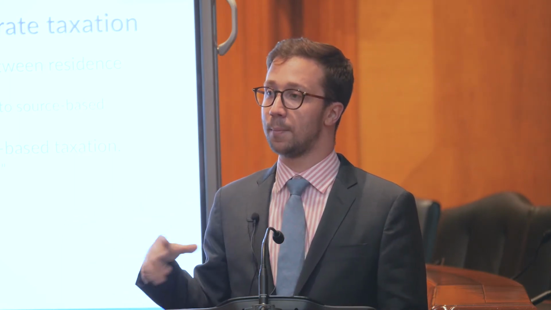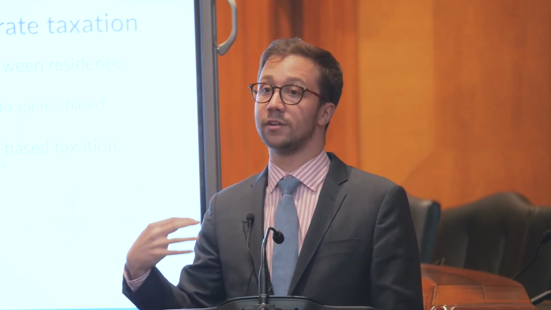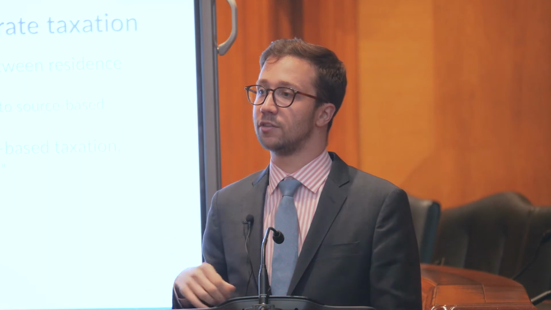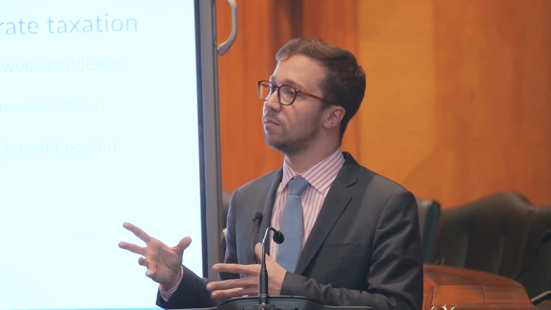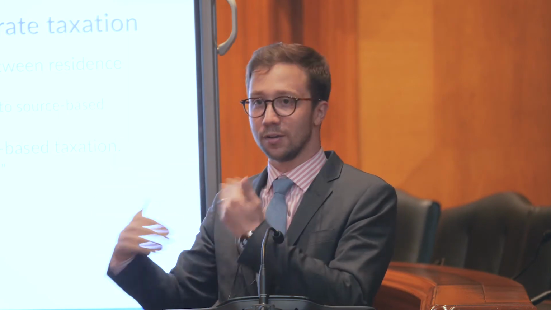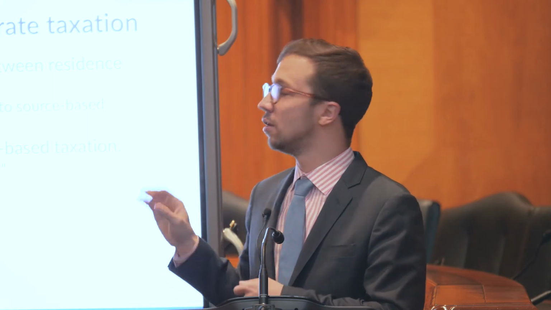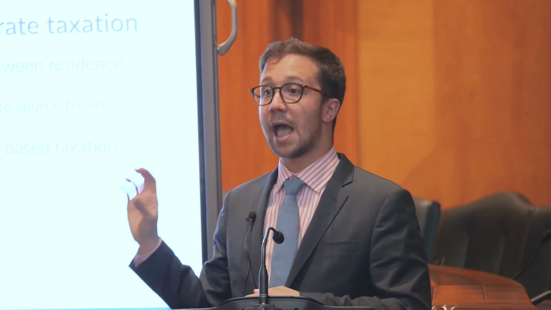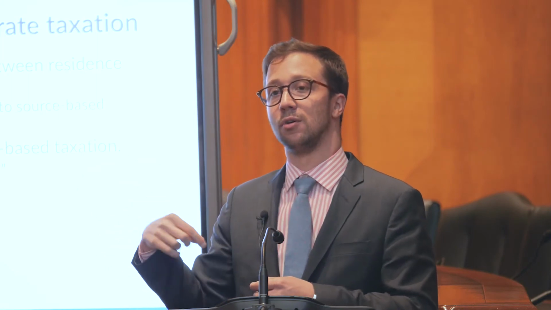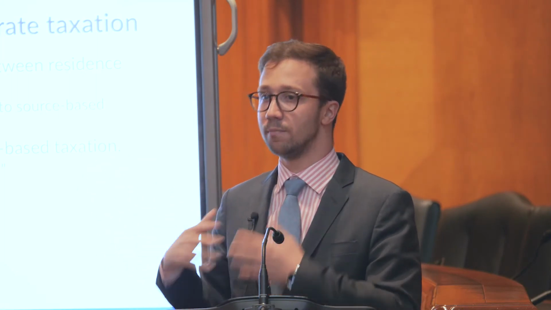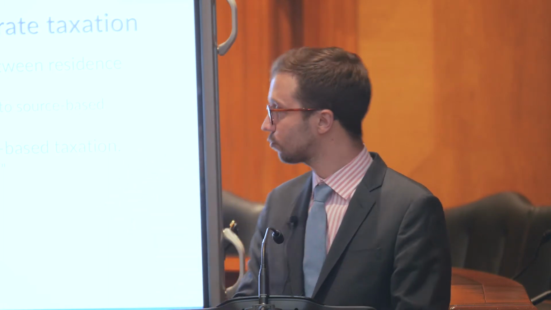What they're doing is they're bringing deductible payments into the tax base. So if you're a company operating in the United Kingdom, and you import a lot of stuff, meaning you're deducting a lot of stuff against your taxable income, the diverted profits tax adds some of that back into your taxable income and effectively taxes those goods that you're bringing into the country, thus moving closer to that destination-based principle.